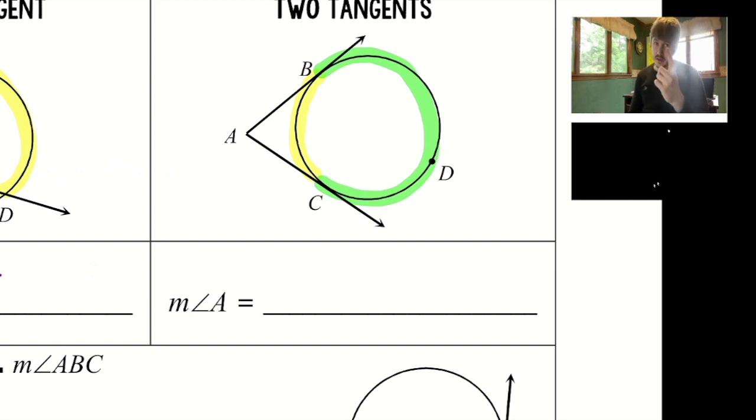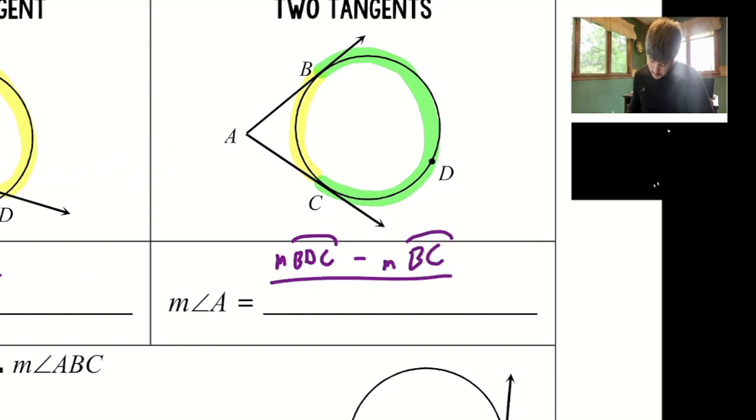So technically, you could figure out angle A if we just give you the measure of one of the arcs, because you could easily figure out the other arc by subtracting from 360 and then finding the measure of angle A. But it's still going to follow the same rule. Big arc minus little arc. So this one is a major arc, so this one's going to be arc BDC minus arc BC, all divided by 2.